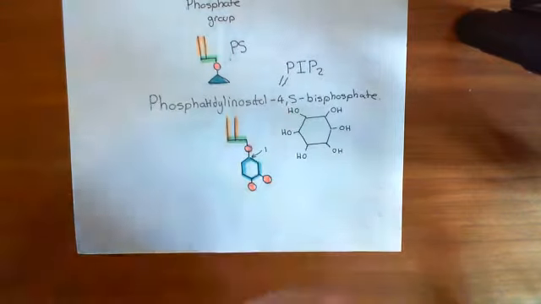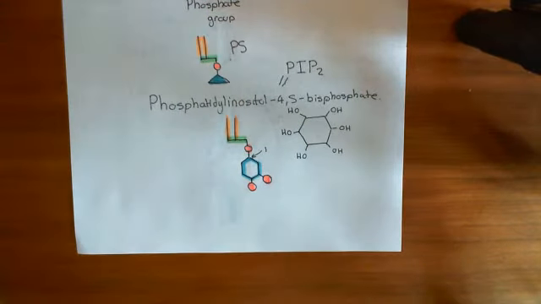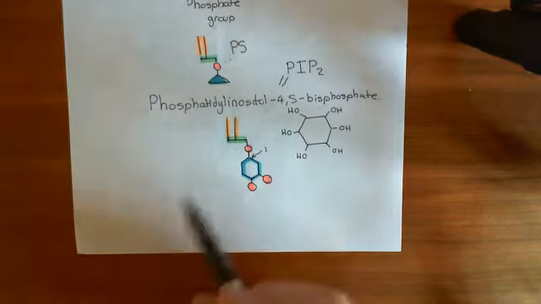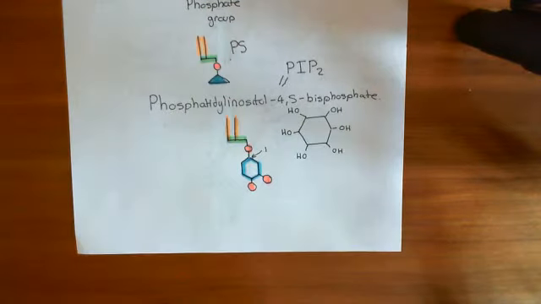However, if you stare at that molecule for long enough, you will think, wait a second, shouldn't we have called that phosphatidylinositol 3,4-bisphosphate? And I would agree with you. I do not know for the life of me why they called this phosphatidylinositol 4,5-bisphosphate rather than 3,4-bisphosphate. This is the structure of phosphatidylinositol 4,5-bisphosphate.